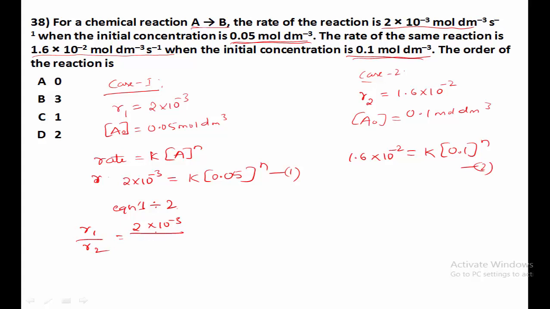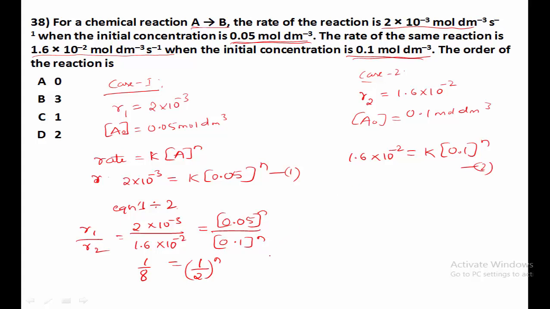So 2 into 10 raised to minus 3 divided by 1.6 into 10 raised to minus 2 is equal to 0.05 raised to n divided by 0.1 raised to n. 2 divided by 1.6 gives 1 by 8. On solving, here also 0.05 divided by 0.1 gives 1 divided by 2, whole raised to n.